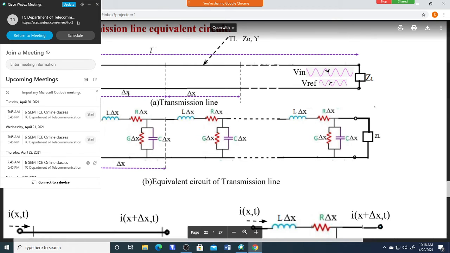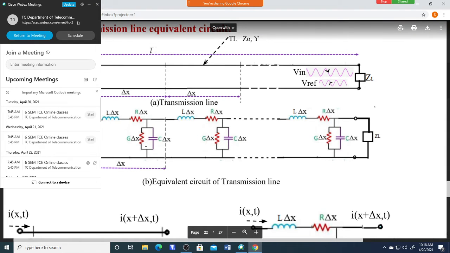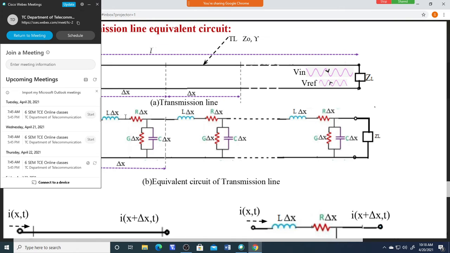Similarly, what is the resistance offered by this particular length? You can divide it into 1 centimeter, 1 centimeter, 1 centimeter, or 2 centimeter, 2 centimeter like that. If you take a 1 centimeter length, then it is L into 1 centimeter. So all these values are L into delta x.